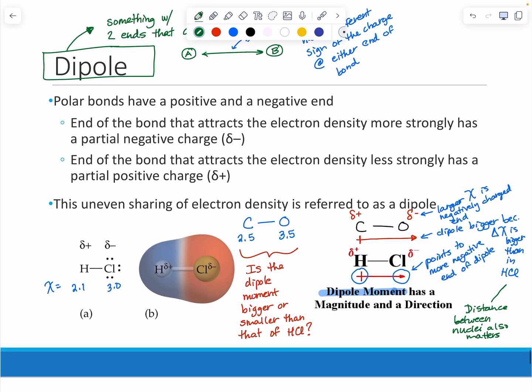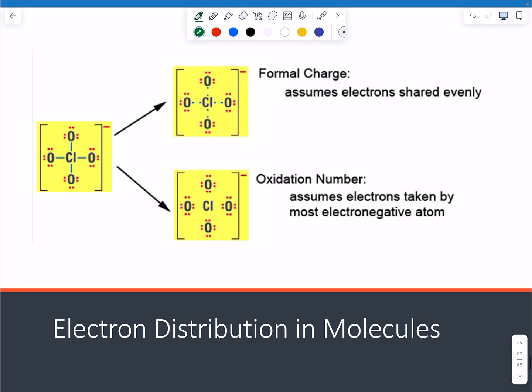All right, so we can have bond dipoles, and that's one way of looking at electron distribution. But we also need to think about chemical reactivity. Whether you have lone pairs or an unpaired electron, or whether your bond is polar or not polar, does affect the kind of reactions that you can participate in.